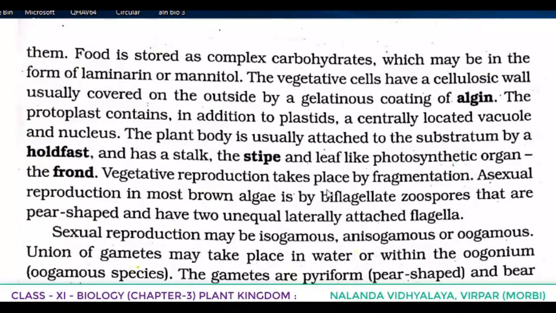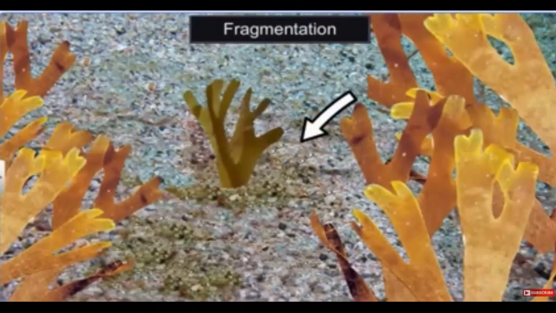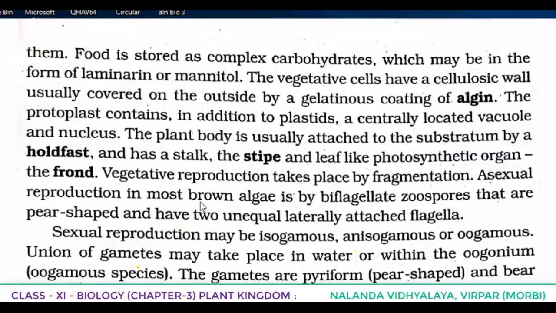Vegetative reproduction takes place by fragmentation. In the case of algae, when we were telling about reproduction, all three types are there: vegetative, asexual and sexual. And here the vegetative reproduction is mainly by which process? Fragmentation. Asexual reproduction in most brown algae is by biflagellate zoospores that are pear-shaped and have two unequal, laterally attached flagella.